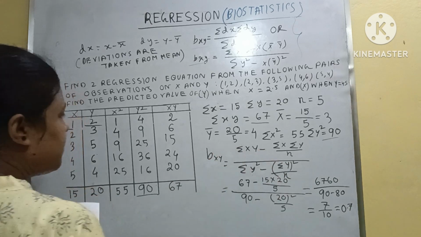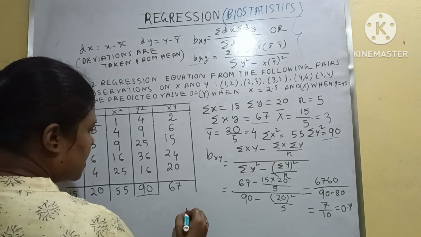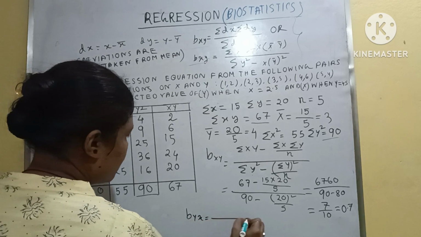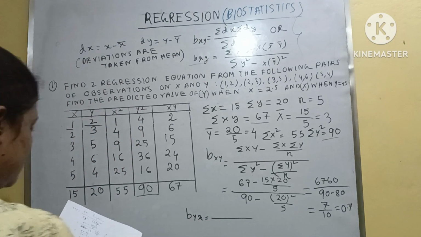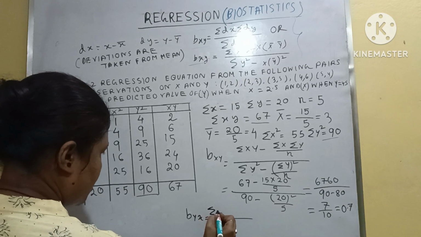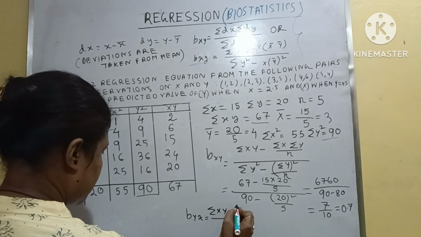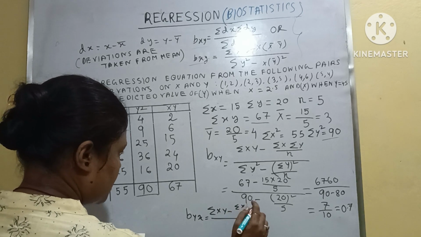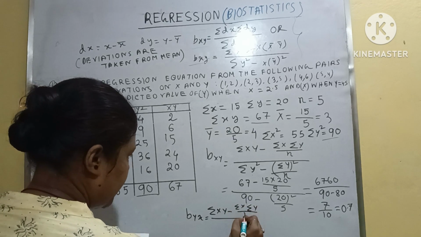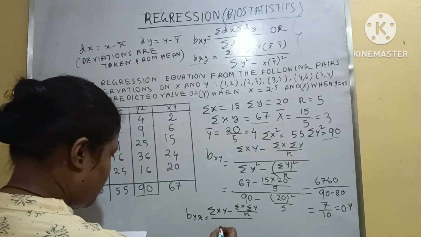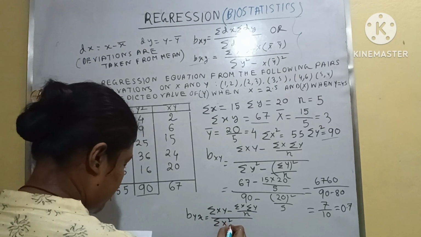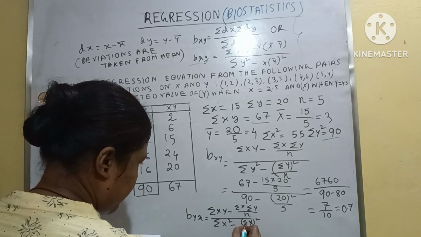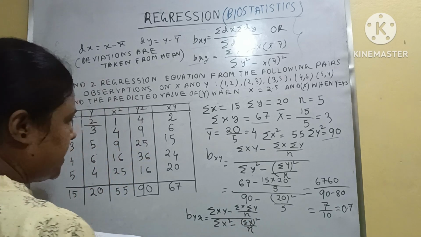Next, in the same way, we have to calculate byx. That is equal to summation of xy minus summation of x into summation of y by n, divided by summation of x square minus summation of x whole square by n. Clear?